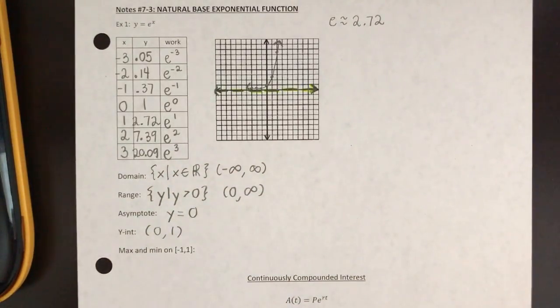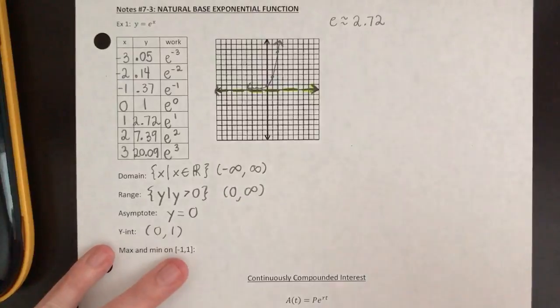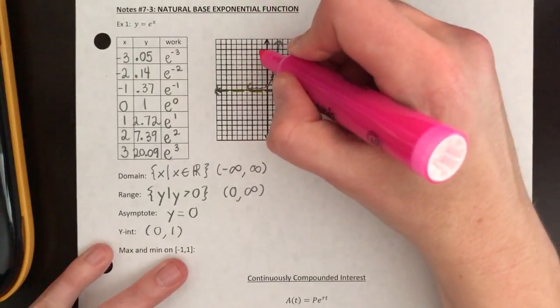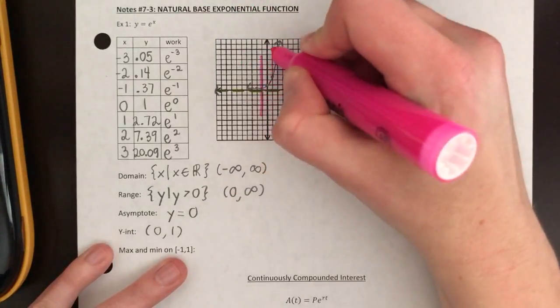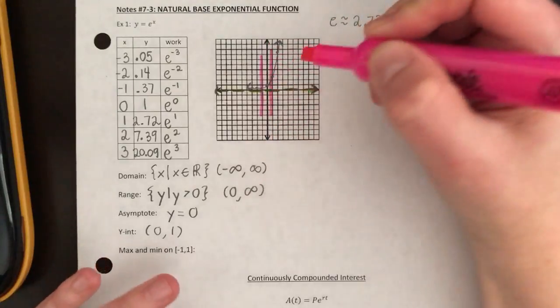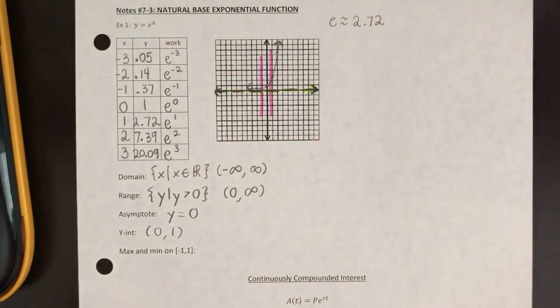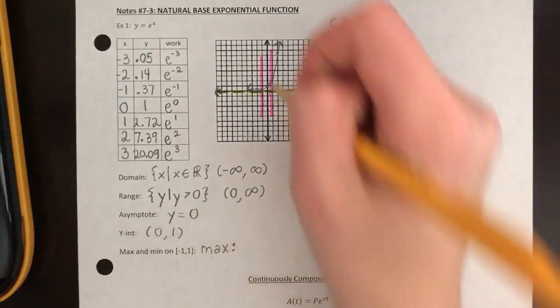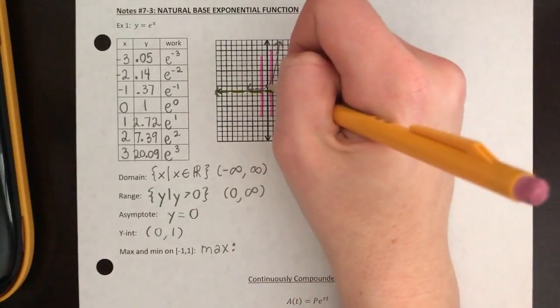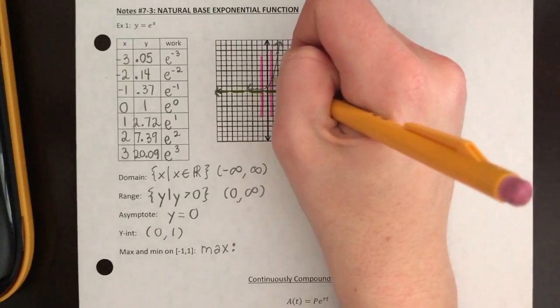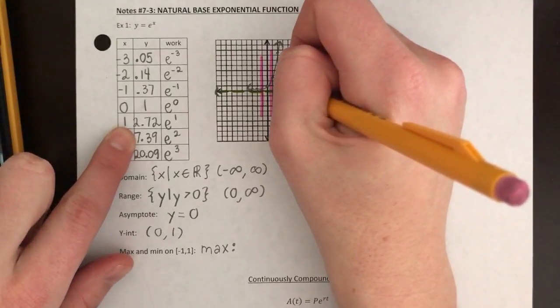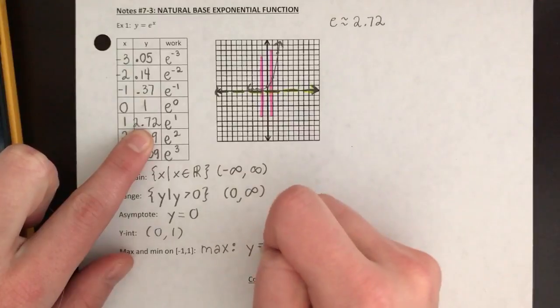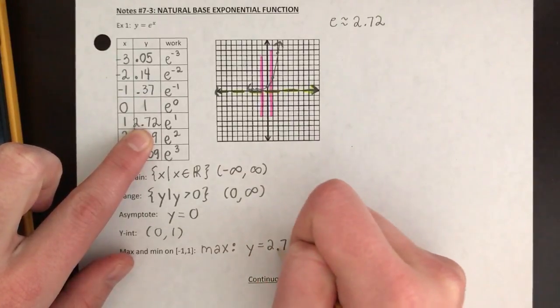Okay, my max and min over the interval -1 to +1. My max, the highest point, is this one here in that pink region, and that's where x is 1, so that's at y equals 2.72.